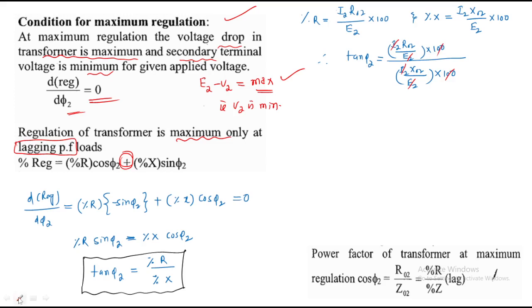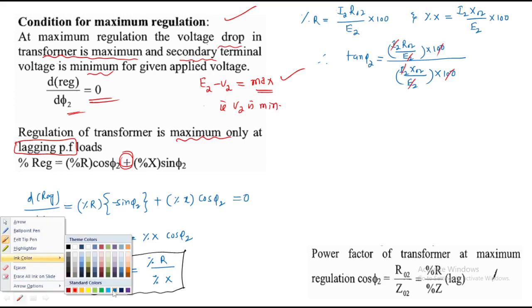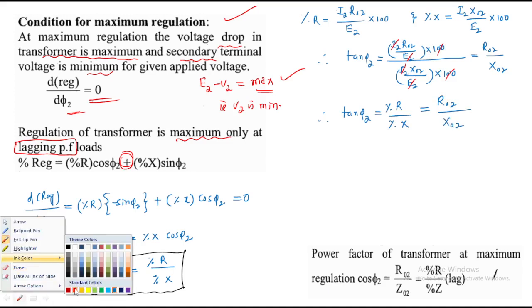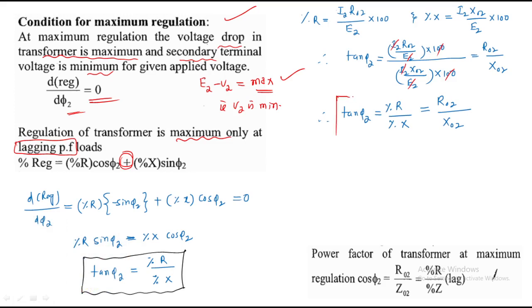Finally, we get tan phi 2 equals R02 by X02. Therefore, finally, tan phi 2 equals percentage resistance drop by percentage reactance drop, which equals secondary resistance by secondary reactance, referred to the secondary. Like this, we get tan phi 2.